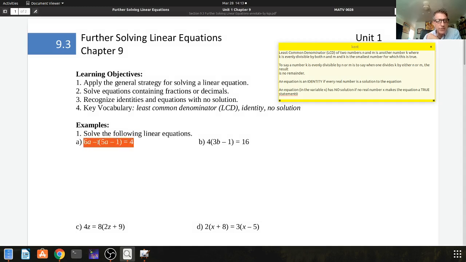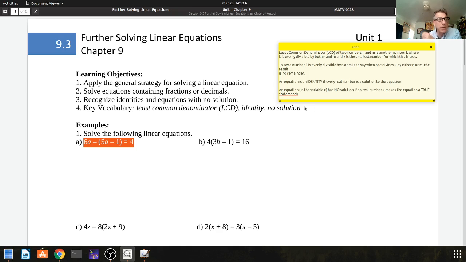Because it has an expression on one side and on the other side of an equal sign. And this is an equation in the variable a. So an equation in whatever variable you happen to have is called an identity if I replace a by any number whatsoever, and I still get a true sentence. And we'll see some examples of those.